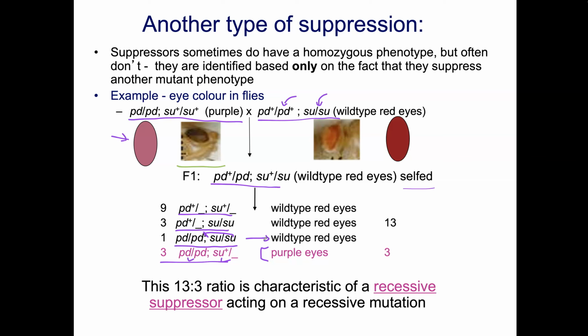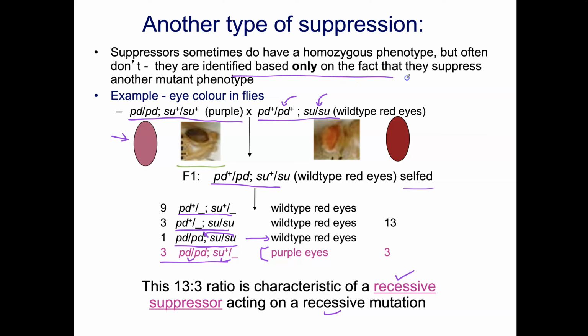And I think they do know how this works now. They didn't for years and years, but I am not aware of how it actually works, because it's a really strange one. And this is a characteristic of a recessive suppressor that's acting on a recessive mutation that does not have any phenotype of its own, right?